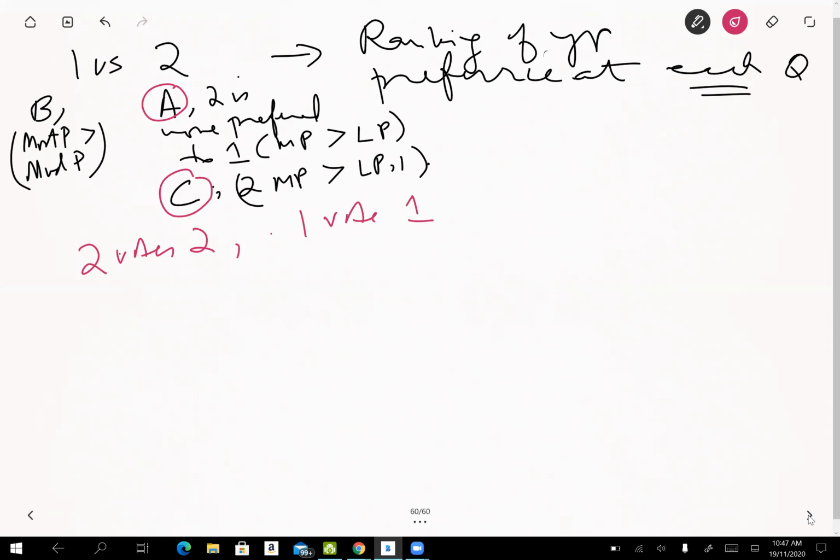So therefore 2 wins. So Q equal to 2 wins. So you do the process again. We make 2 versus 3, or 1 versus 3. The order is not important. So you do 2 versus 3. Or I think what we can do.